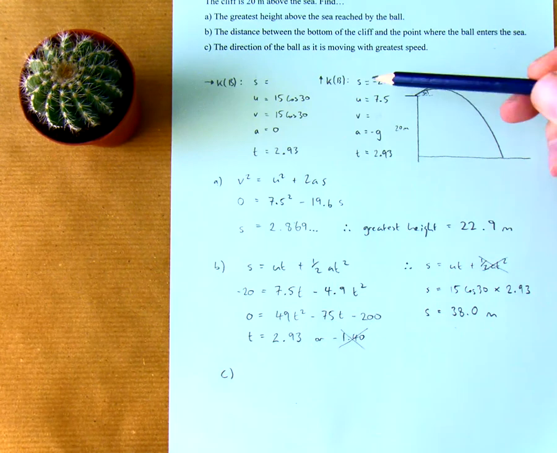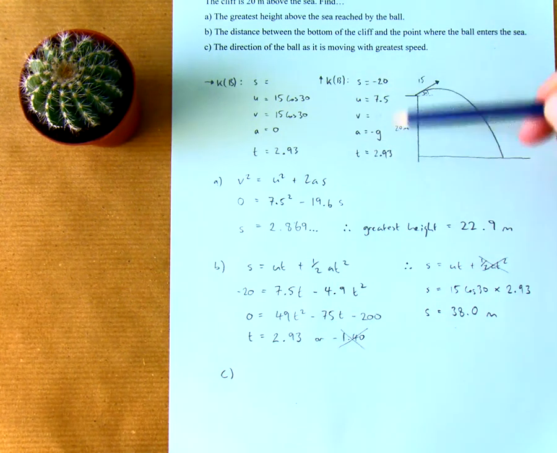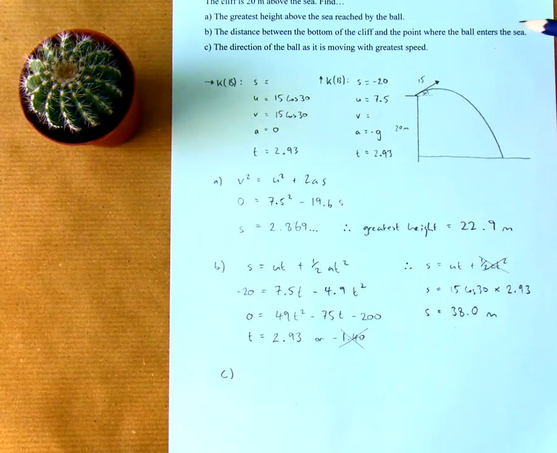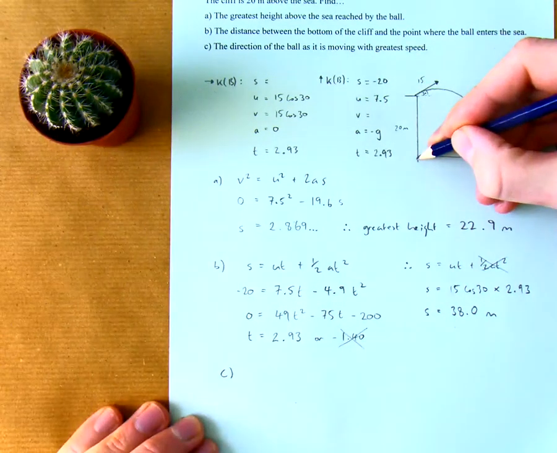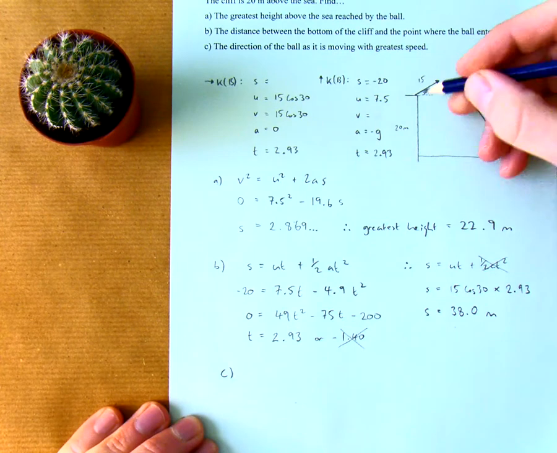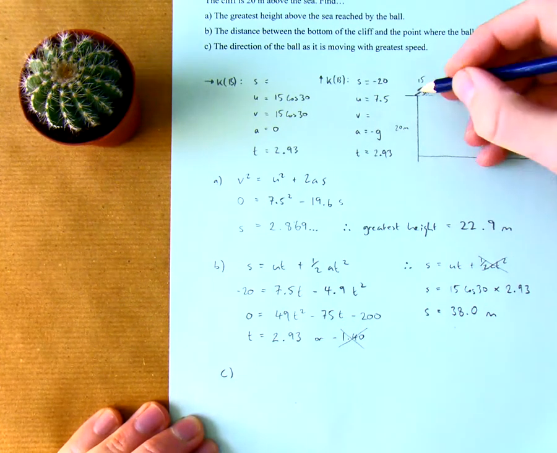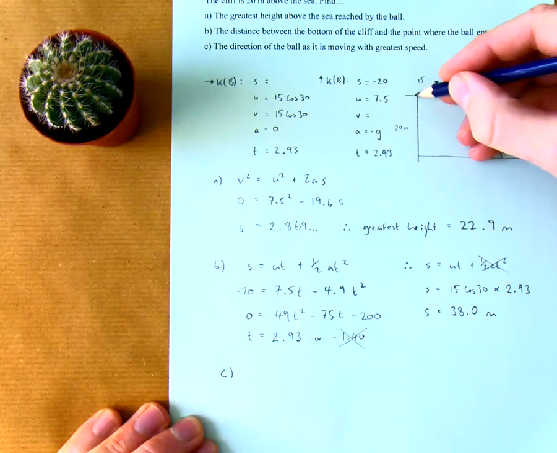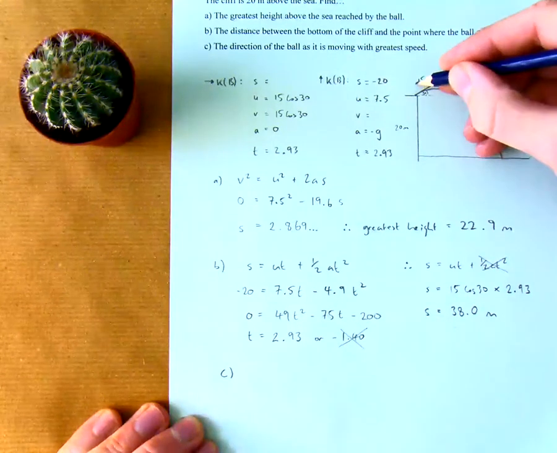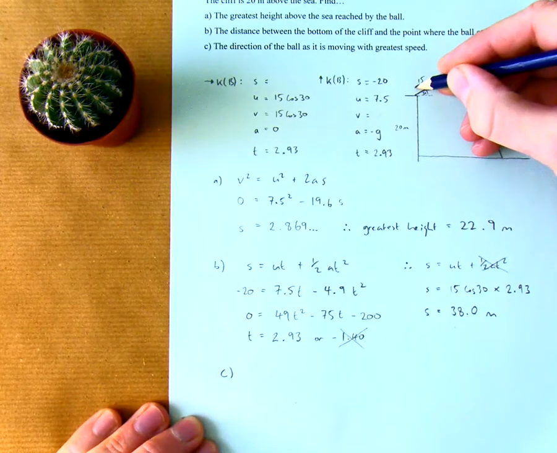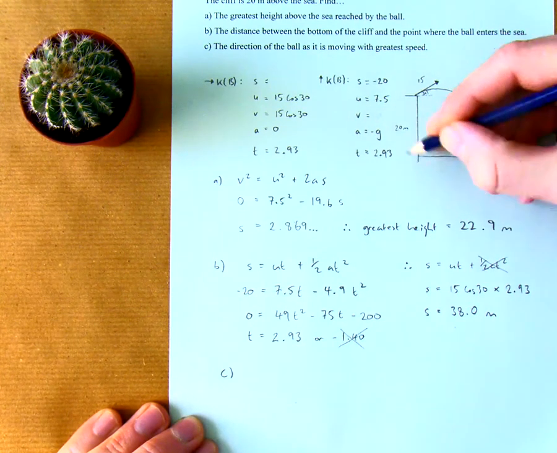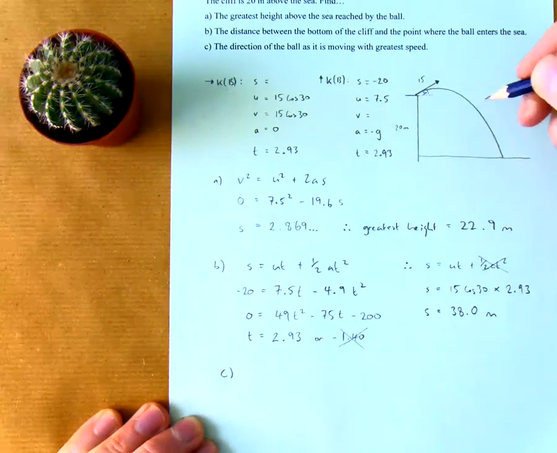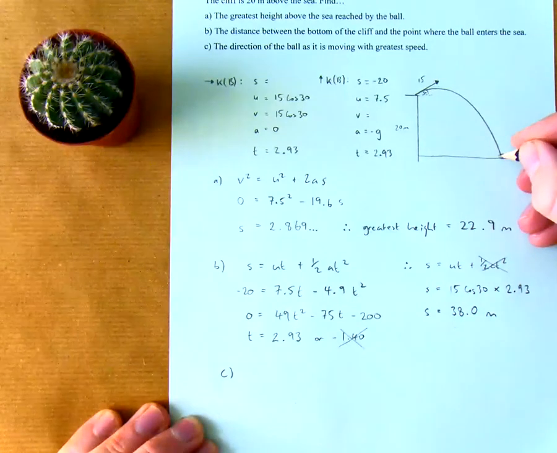So we're actually looking for where is the maximum vertical speed. And so you can just imagine this ball being thrown straight up in the air and falling down. The fastest that's going to be is when it hits the sea, because it's going to have the same speed here as it does here. At the top it's going to have speed 0, and it's gaining speed all the time in that direction because the acceleration is 9.8 in that direction. So the fastest speed is going to be here.